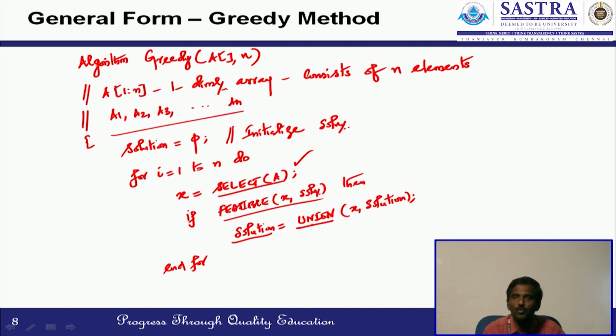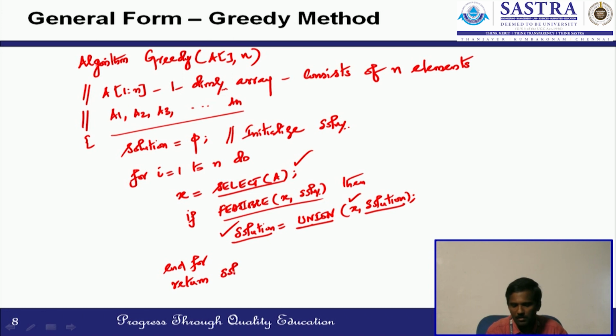Union is also a user-defined function that combines the current solution with the input that we have considered, x. So x and the solution are combined, and again the result is updated into the solution vector. Finally, we need to return the solution.